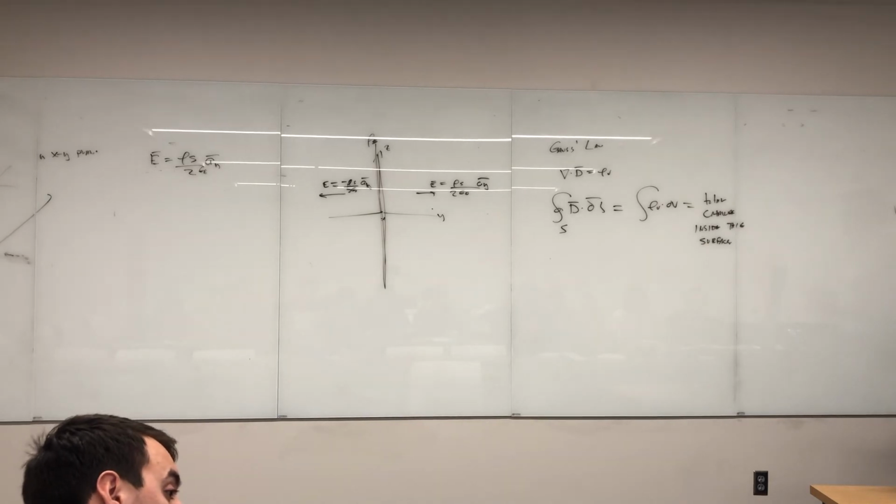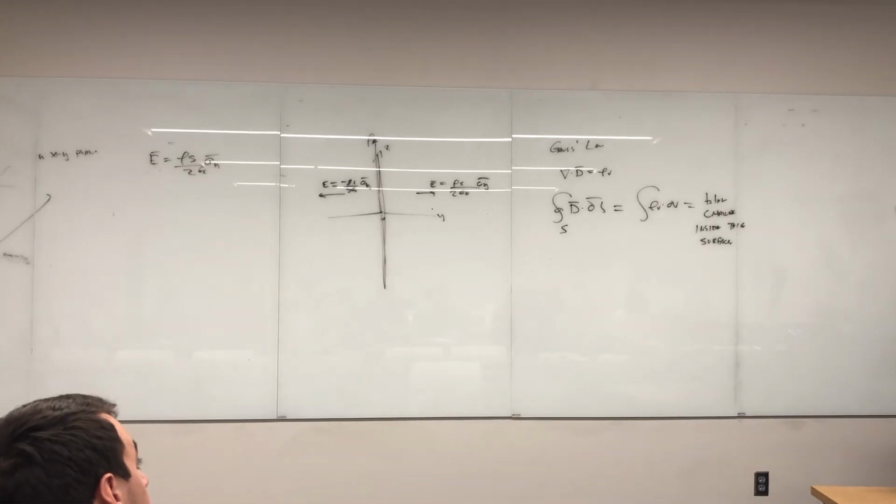Now, the typical questions you get are for cylindrical or spherical symmetric problems. I'm going to do a simple one so everybody understands the kind of thing you're responsible for.